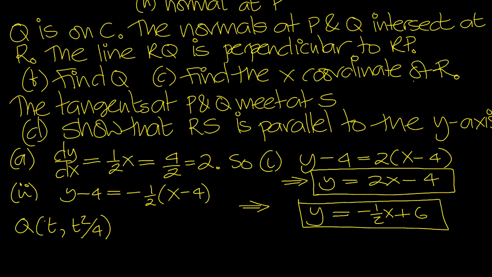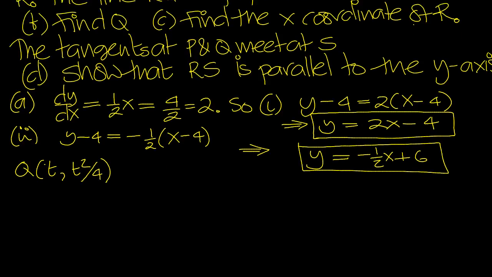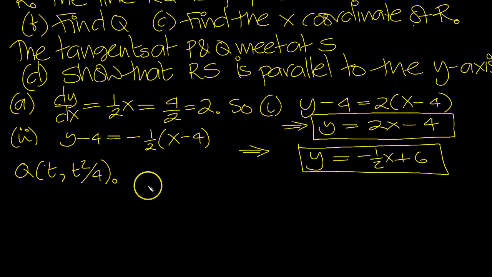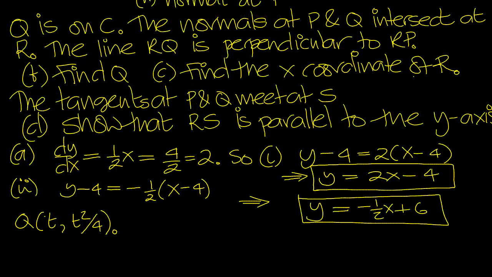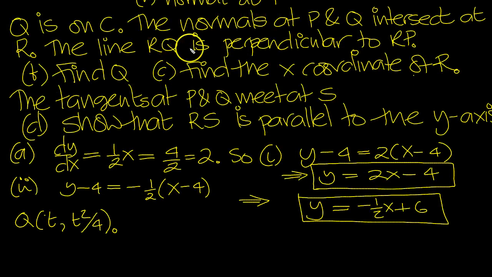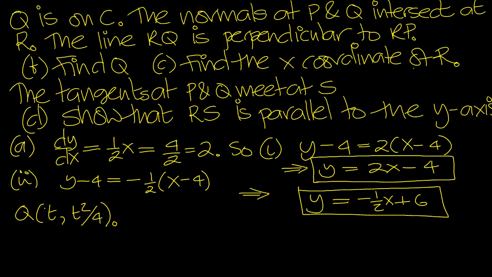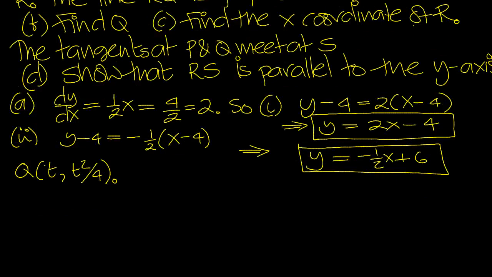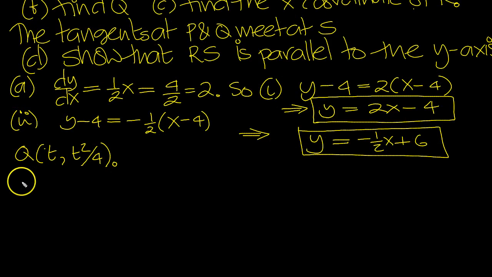So the normal at Q then, let's find the normal at Q. So the gradient of Q, the normal at Q then. RQ is perpendicular to RP. Okay, so the normals at P and Q intersect at R, so we'll do the normal at Q. So the gradient function is dy/dx equal to half x, as we said.